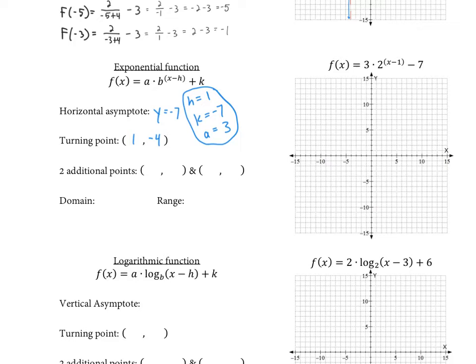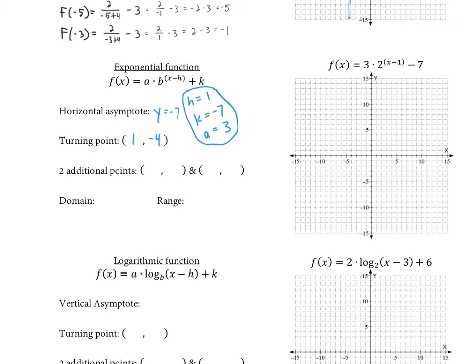Okay, and just so you know, one thing you could do if you're having trouble memorizing stuff, you could just remember that the turning point is h comma something, and then just plug in 1 for x. So here you know h is 1, and then you could just plug in 1 into this, and you'll get 3 plus -7. It'll simplify to that.